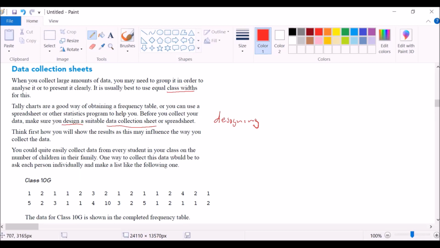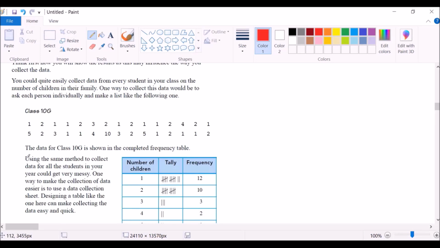One way to collect this data would be to ask each person individually and make a list like the following one. So for class 10G, you can just ask and write down the number of children in each one's family, and then complete the frequency table.